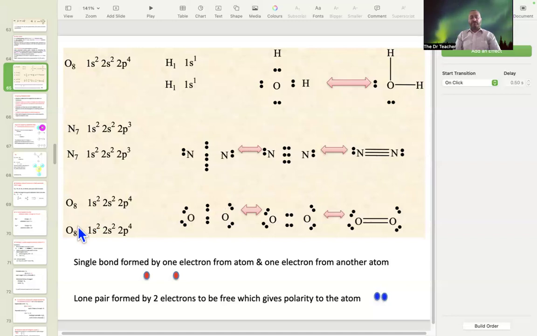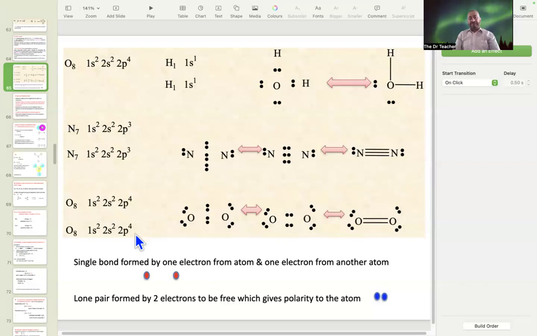We come to the oxygen. What is the bonding type in oxygen gas? The oxygen atomic configuration is 1s2, 2s2, 2p4, and the other oxygen is the same thing. Now we have these 2 electrons for each of them, and we have 4 and 4, 8.